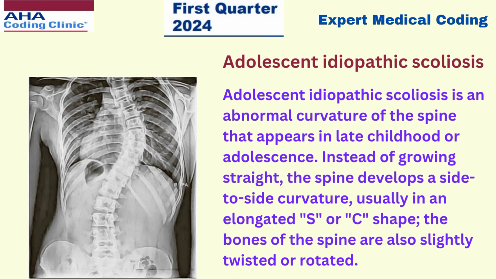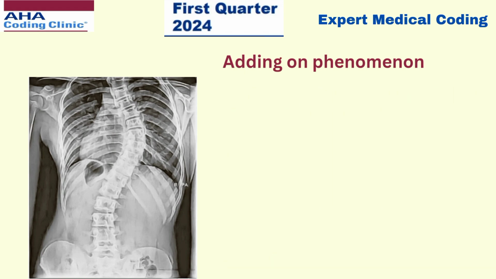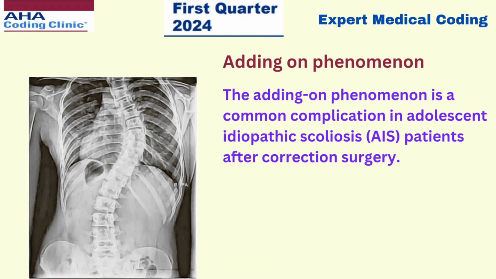Instead of growing straight, the spine develops a side-to-side curvature, usually in an elongated S or C shape. The bones of the spine are also slightly twisted or rotated. Adding-on phenomenon is a common complication in adolescent idiopathic scoliosis patients after correction surgery.